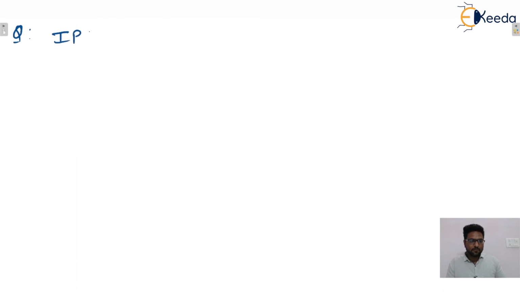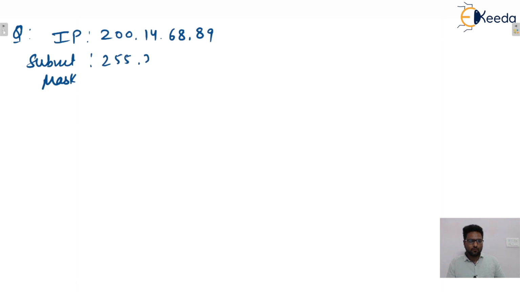Next model, write down the next question. Let's say one IP is given. This IP address, we can say that is the address of a host that belongs to one subnet, isn't it? 200.14.68.89, and subnet mask is also given to you. Let's say that subnet mask is 255.255.255.192.